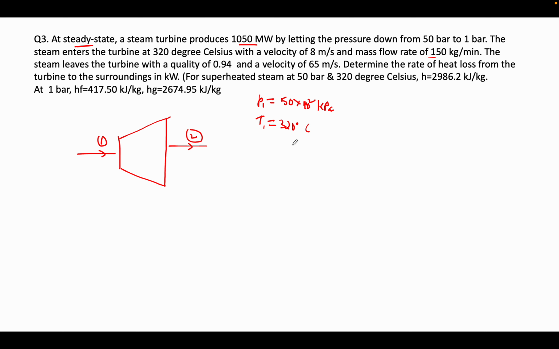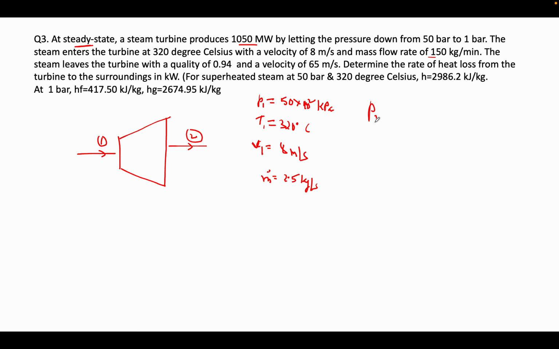Here no volume is given, so I directly use the velocity C1, which is given as 8 meter per second. For mass flow rate, nothing is said, but steady state is stated, so inlet mass flow rate will always be equal to the outlet mass flow rate. We have already seen this in question number 1. So 2.5 kg per second mass flow rate is given to us.